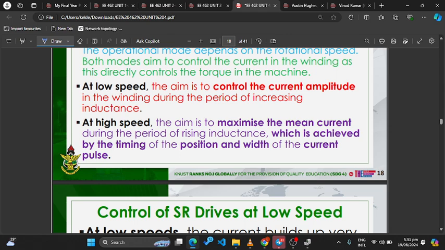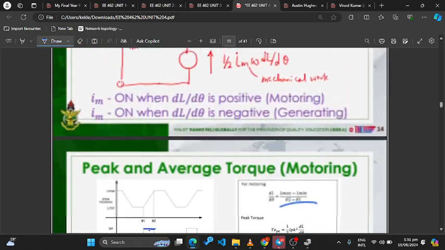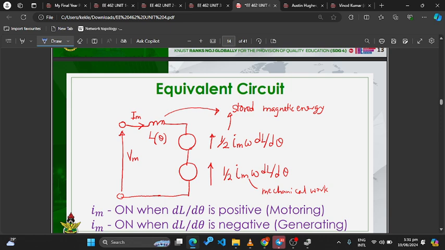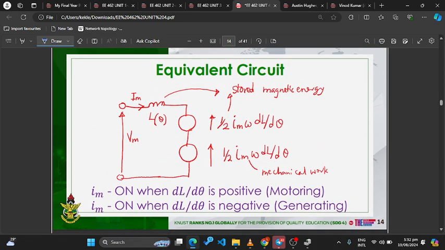So at high speed, the aim is to maximize the mean current. Why? Let's go back to this thing we drew over here. Can I submit to you that this over here is your back EMF?